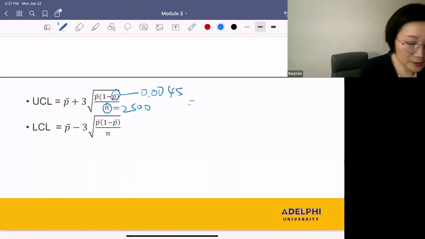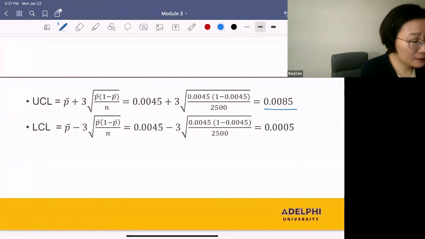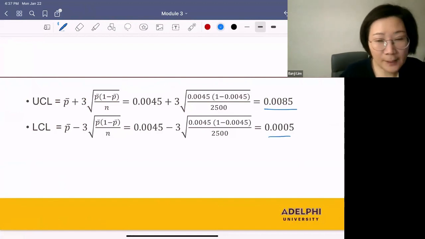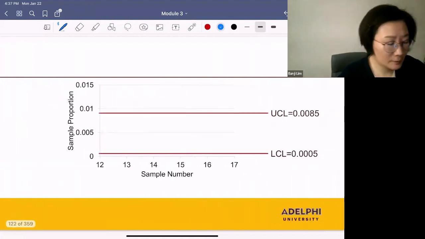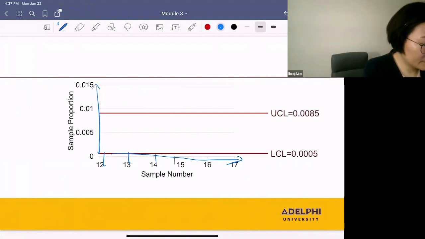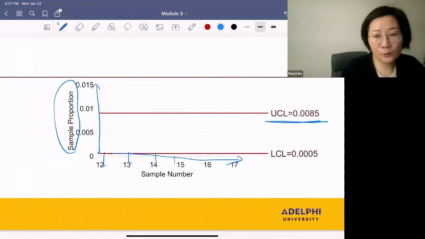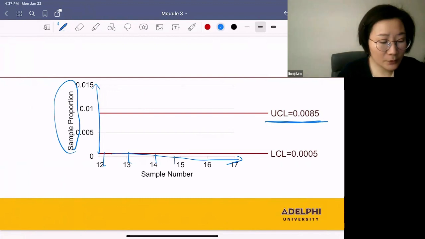So if you plug them in, you get 0.0085, which is the upper control limit, and 0.0005, which is the lower control limit. So in the P chart, the x-axis is the sample number, the y-axis is the sample proportion, and the upper control limit is 0.0085, and the lower control limit is 0.0005.